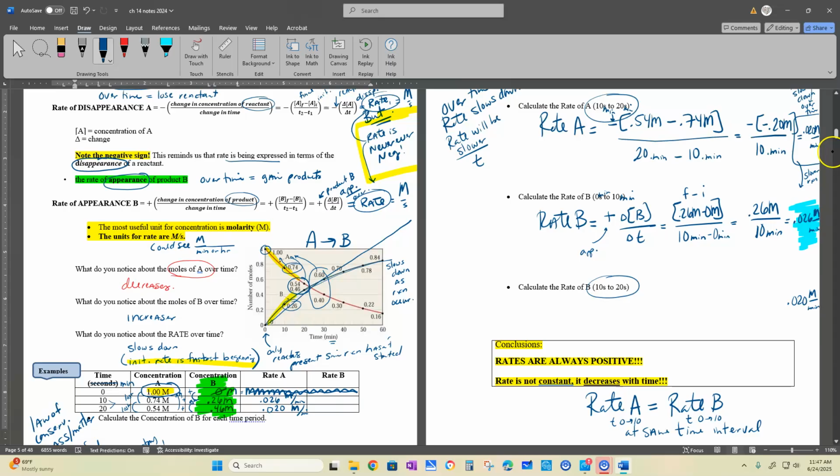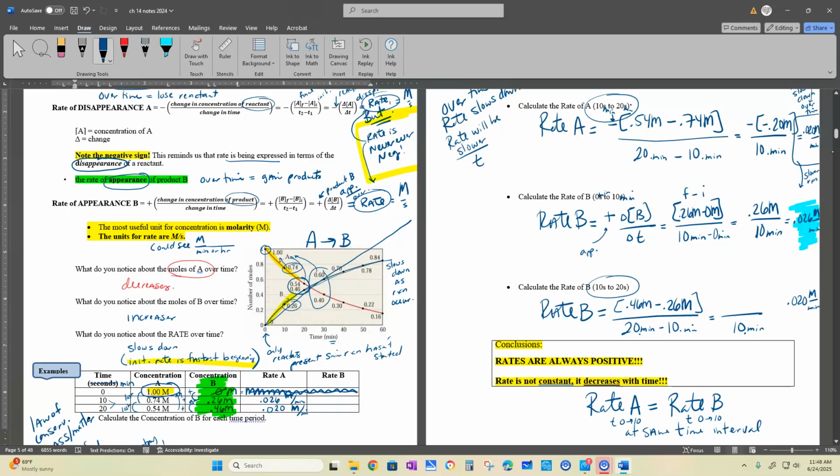From 10 to 20, so my rate of B, I'm going to take my final, which was 46, minus my 26. And I'm going to take 20 minutes minus 10 minutes. Well, we know the denominator is 10. I don't want you to think it's always going to be 10. It just worked out this way in this problem.